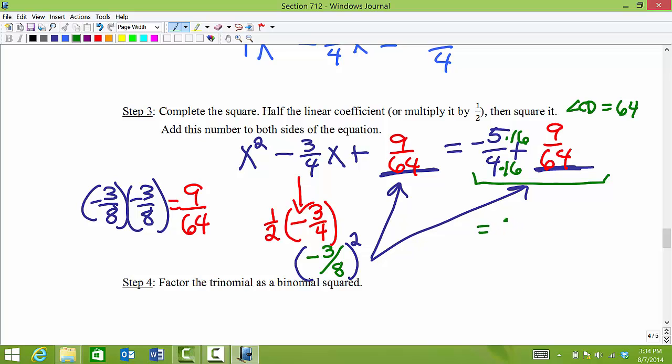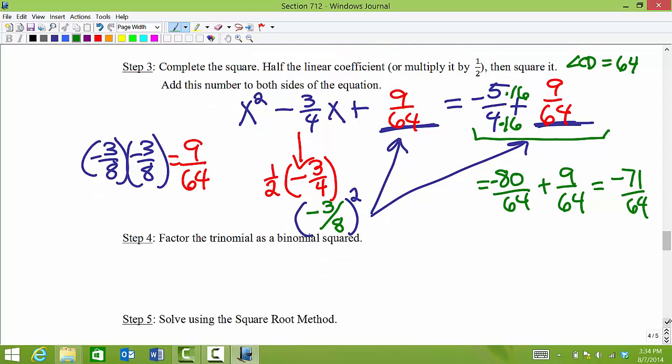And we see that we're going to get negative 80 over 64 plus 9 over 64. And that gives us a constant of negative 71 over 64. We want to make sure that we reduce that fraction if we can, and that fraction is actually already reduced.